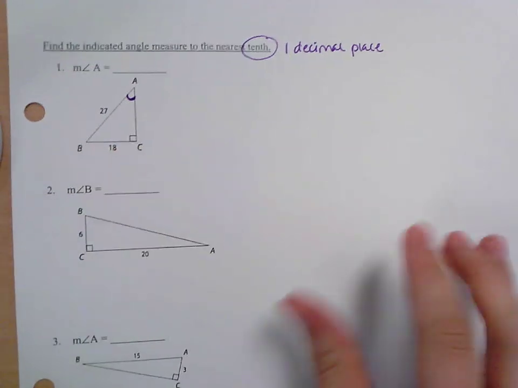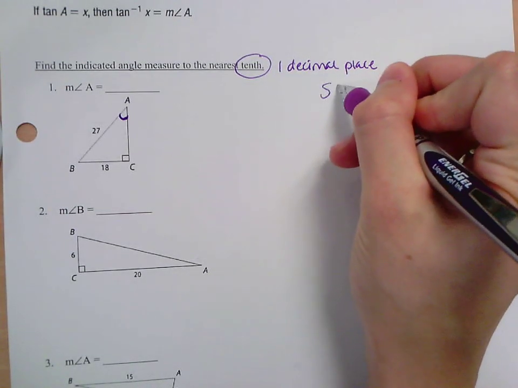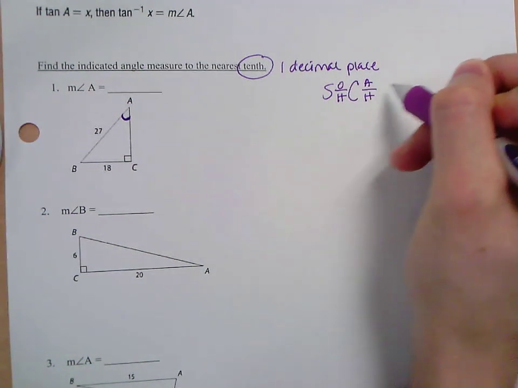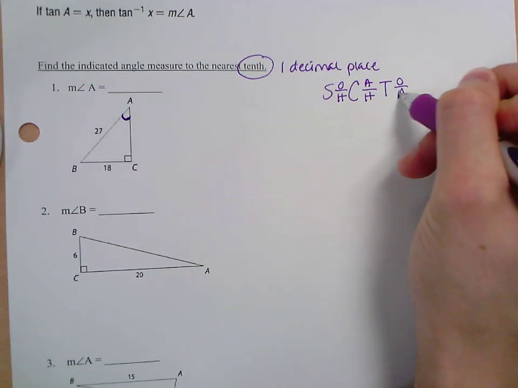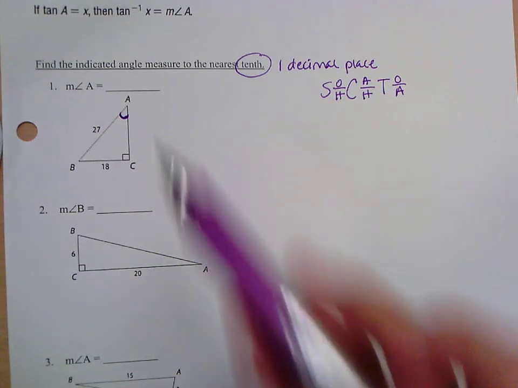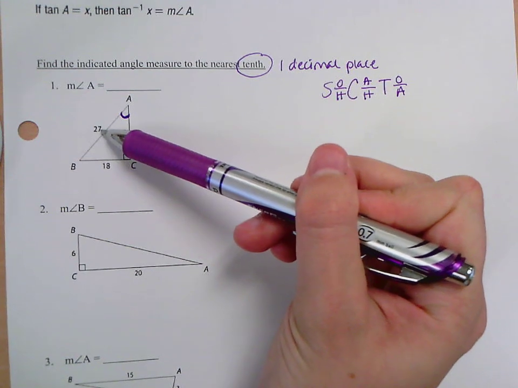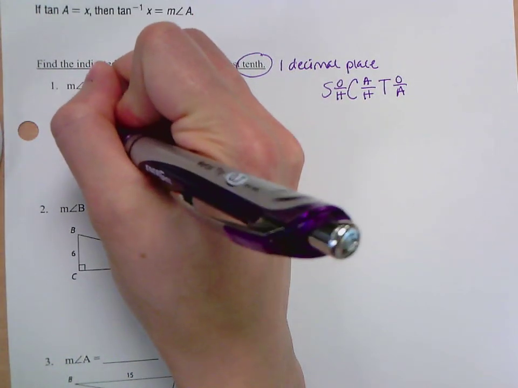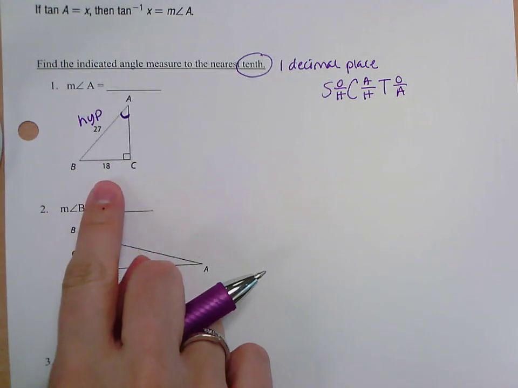What I want to do is remember SOHCAHTOA, and label the two sides that I have. Are they the opposite, adjacent, or hypotenuse of the triangle? So the 27, is that the opposite, adjacent, or hypotenuse? 27 is the hypotenuse. What is the 18?